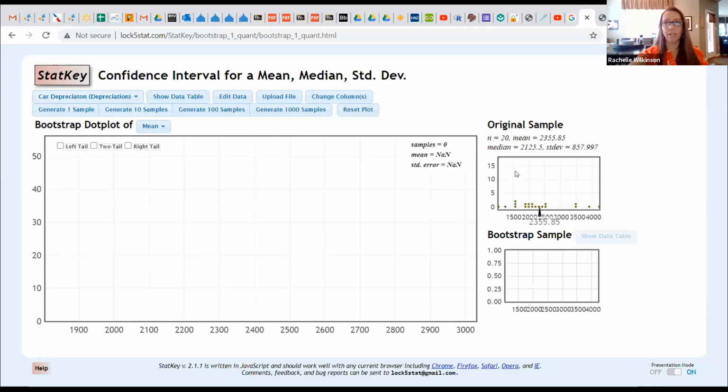So first you can find the sample statistic. Remember where to find the sample statistic. Then we're going to generate a bunch of bootstrap samples, and then we're going to use the standard error and the original sample statistic to construct a confidence interval. So I'm going to give you just a couple minutes, 2-3 minutes, to see if you can do that on your own computer, and then we'll look at it together.